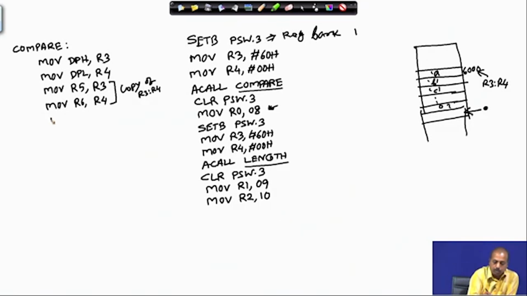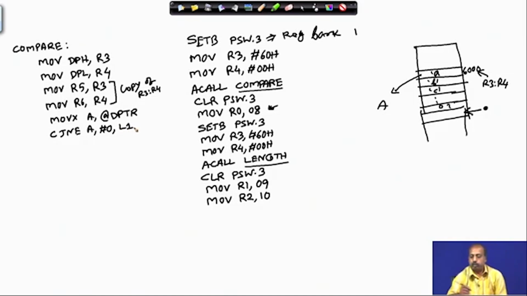So what do we do? We use MOVX A, @DPTR. As a result the first location content will come to the A register, and then we do a CJNE, compare jump not equal, A, #0, some label L1.